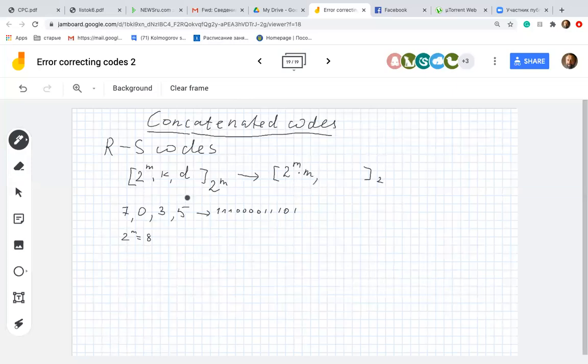So what happens with the dimension? If we have the dimension k, that means that we have 2 to the m to the k messages, or 2 to the m to the k code words. This is the same as 2 to the mk code words.